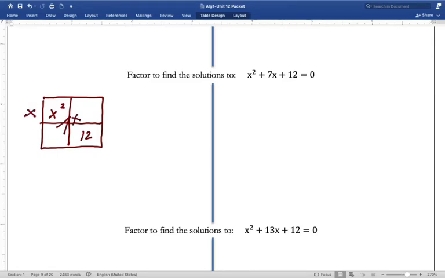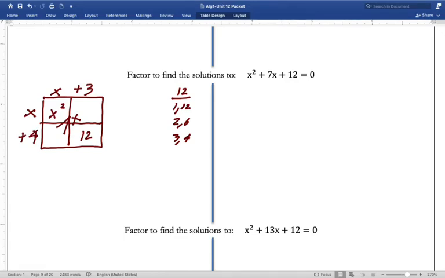So I know it's going to be x and x. And what I need to do is I need to look at 12 again. 1 and 12, 2 and 6, 3 and 4. And I need to find two numbers that multiply to 12 that add up to 7 this time. That'll give me the 7x. Well, in this case, it's going to be 3 and 4.